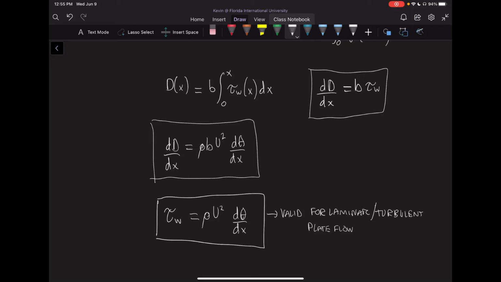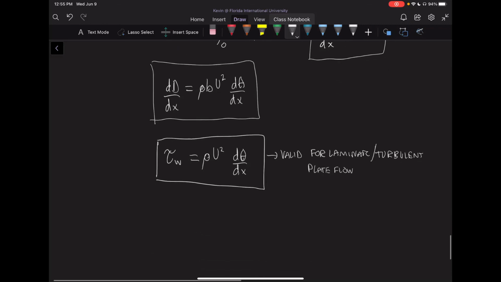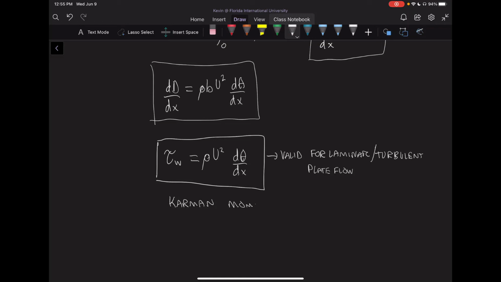And this is also called the Kármán momentum integral relation.